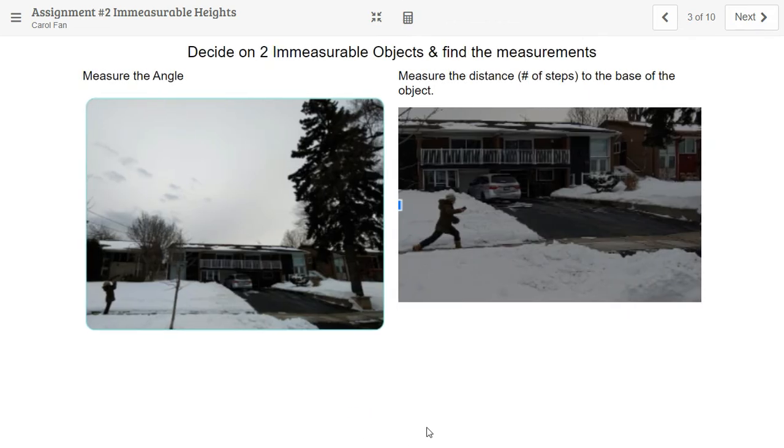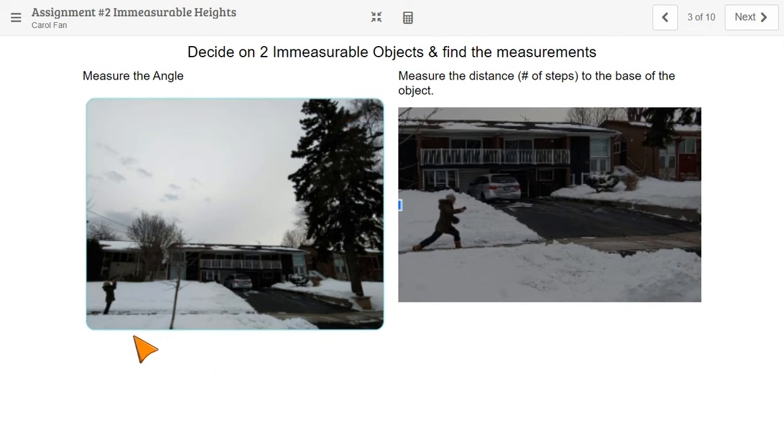So in assignment 2, you're going to be finding 2 immeasurable objects and using indirect measurements, you're going to find the height of your tall object.